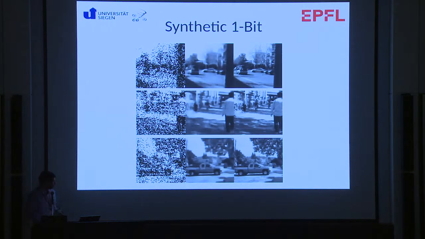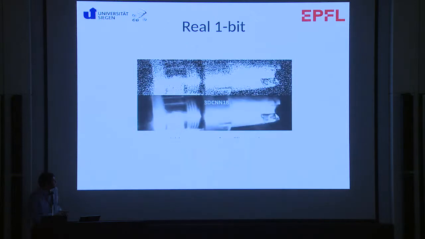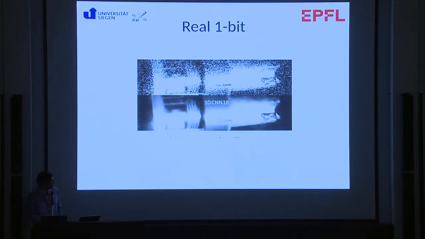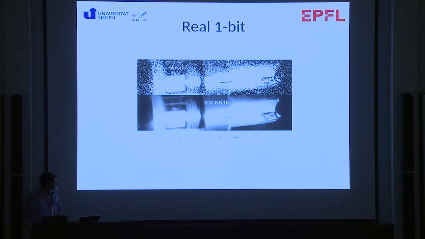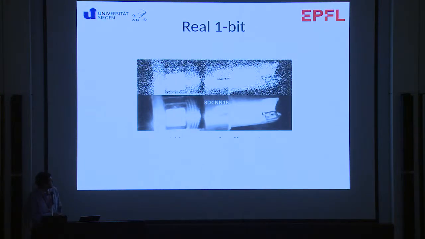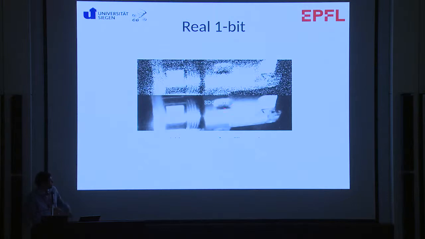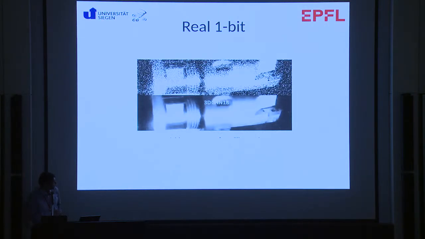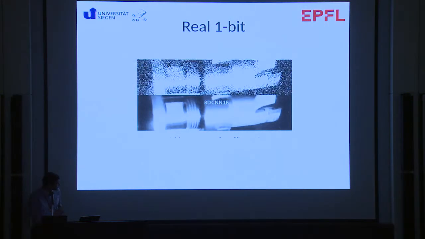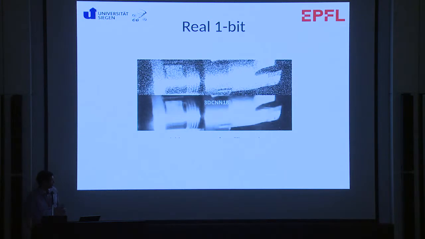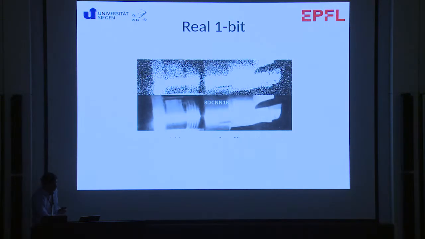So even in challenging situations, the network is able to perform quite well. And this is a real example of a milling tool which is rotating. We see most of the scene is moving, and we see the reconstruction is quite realistic.